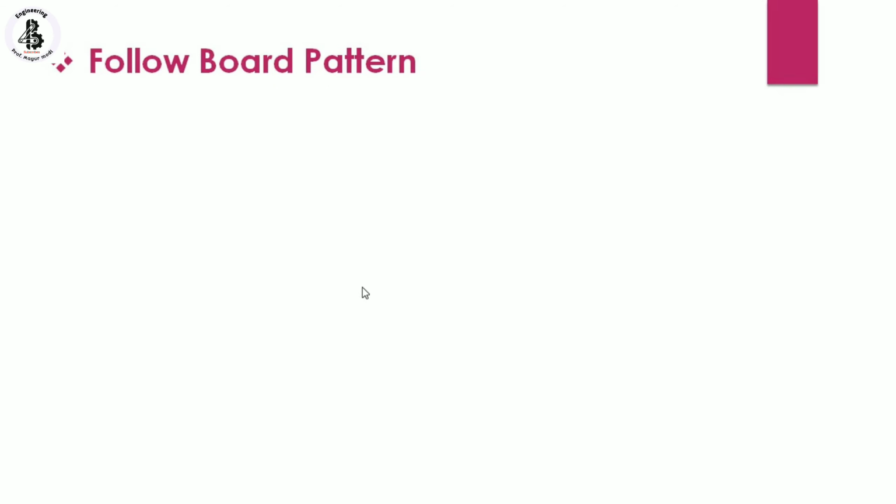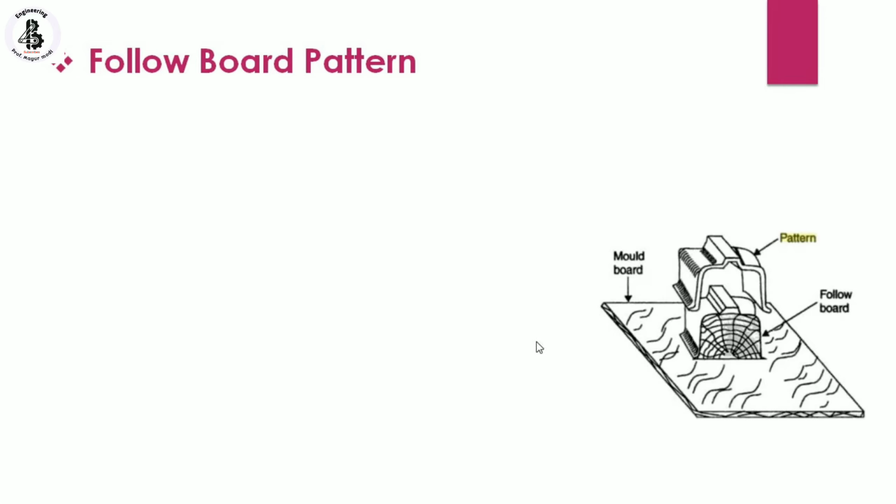Then the follow board pattern. You can see the figure, or setup. Here there is the mold board, and this is a follow board, and the pattern is on the follow board.